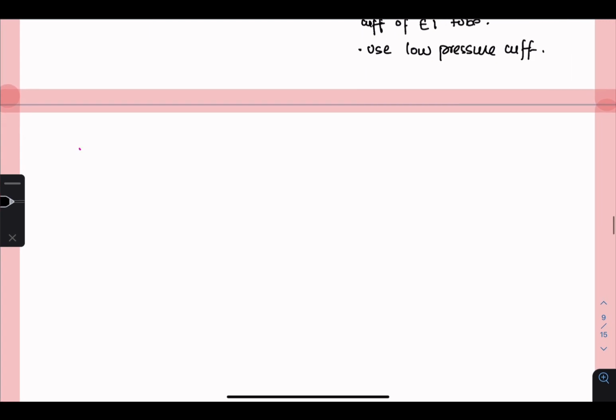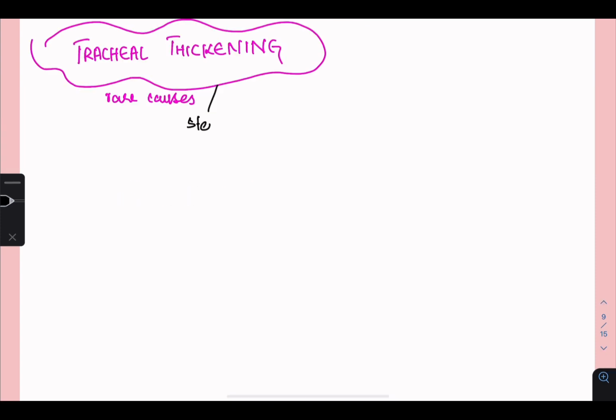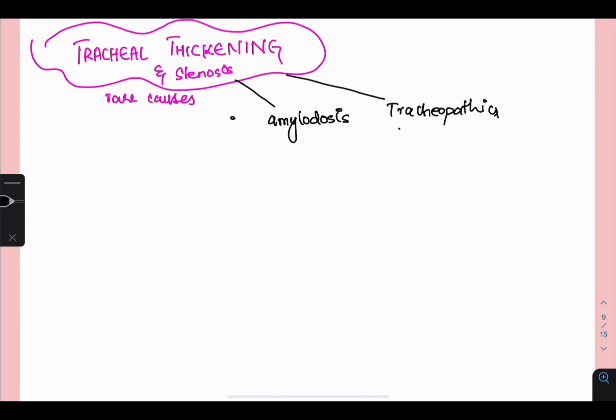The rare causes of tracheal thickening or tracheal stenosis are amyloidosis, tracheopathia osteoplastica, and tracheomalacia.